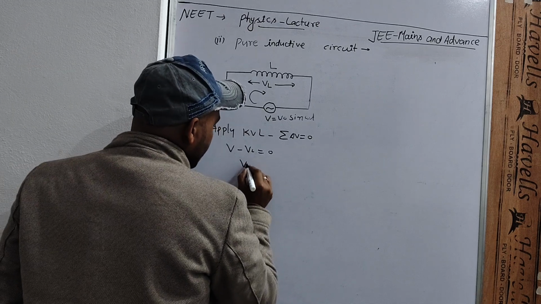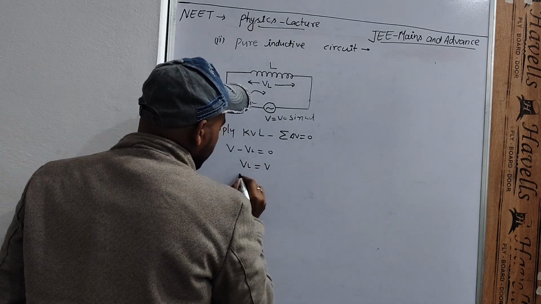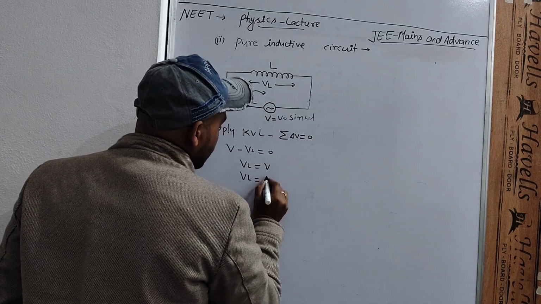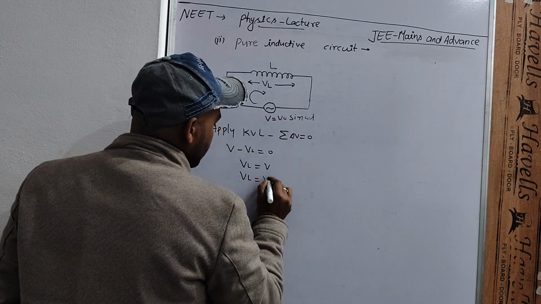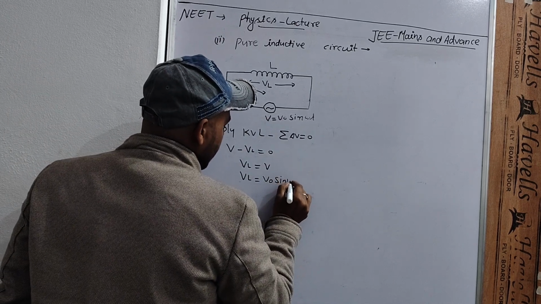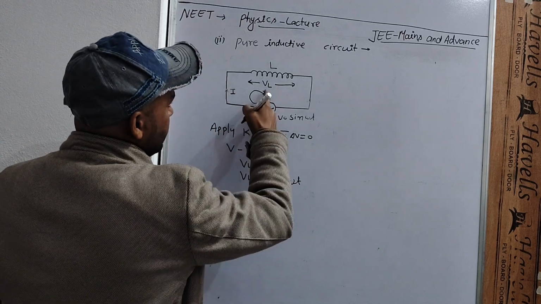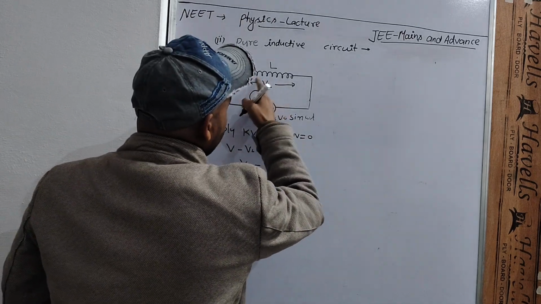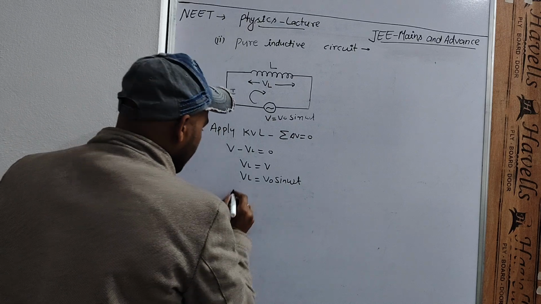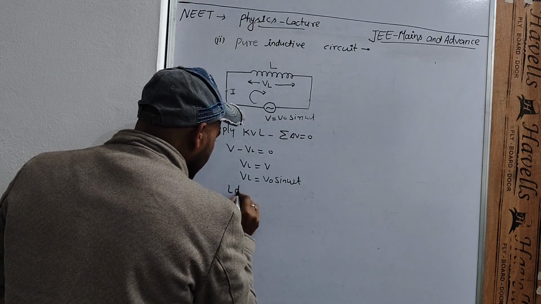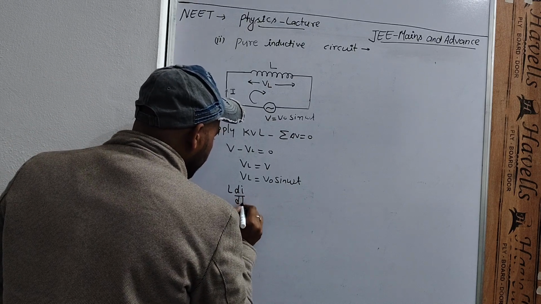Then VL is equal to V, which is V naught sin omega t, and the EMF, meaning voltage generated across this inductor, is L di over dt.